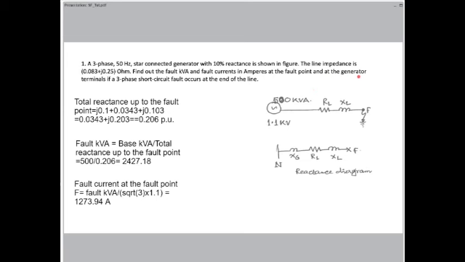Now we have the second part, the fault current in ampere at the generator terminals. Now if we come to the generator terminal here, it's operating at the same voltage. The generator terminal voltage is also 1.1 kV.